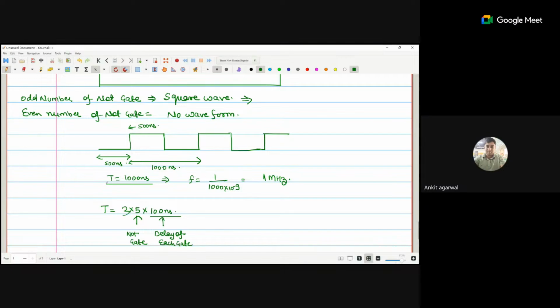I take twice because of the positive and negative cycle. So in generalized form, the total time period is 2 times the number of gates times the propagation delay of each gate. So 2NTPD is the formula for calculating the total time delay, or time period, of the signal.